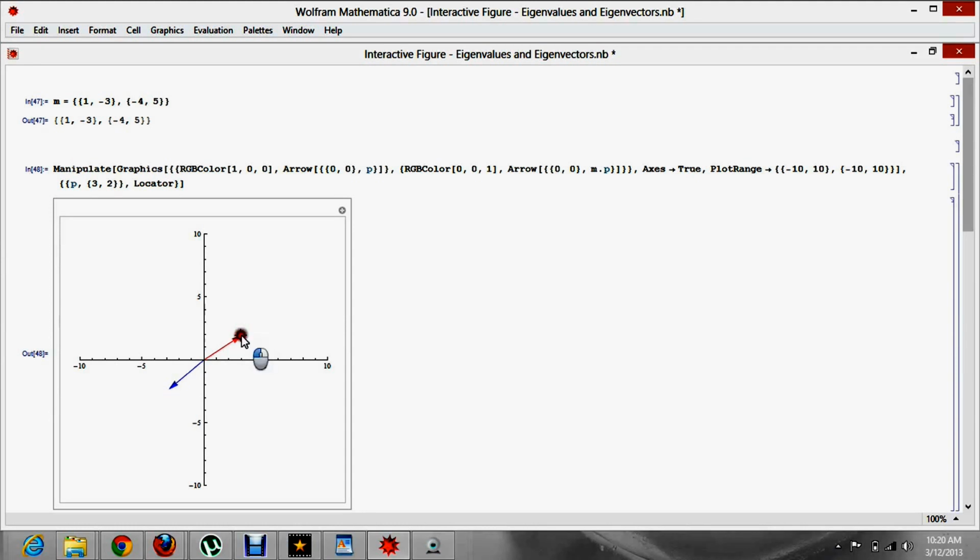Right here where we started appeared to be something that was good because the output is a multiple of the input. What does that multiple look like? It looks like it's just the opposite direction, and the length of the blue is the same as the length of the red. So that means that we scaled it by -1. So -1 seems to be an eigenvalue.